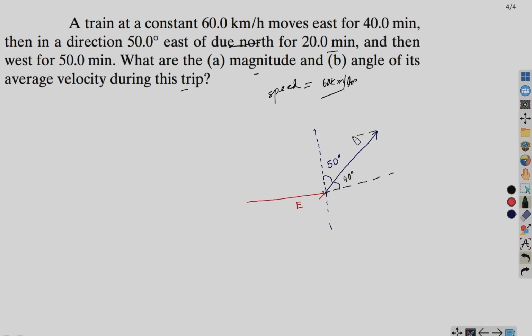After it starts to move along the direction of west for 50 minutes. Okay. So let's first write here this our E along this direction. It moves for 40 minutes. Yes. Along this direction it moves for 20 minutes. And along this direction it moves for 50 minutes.